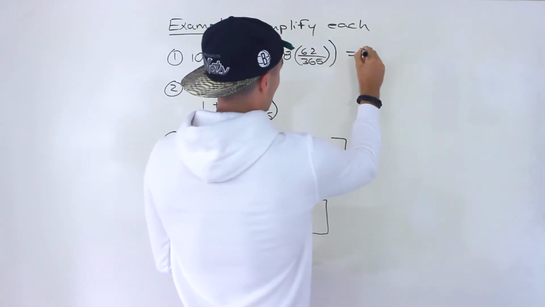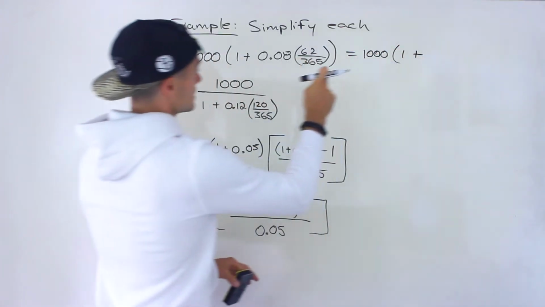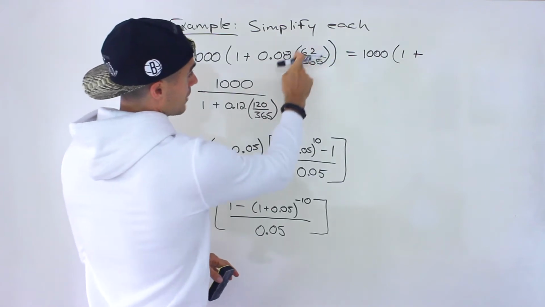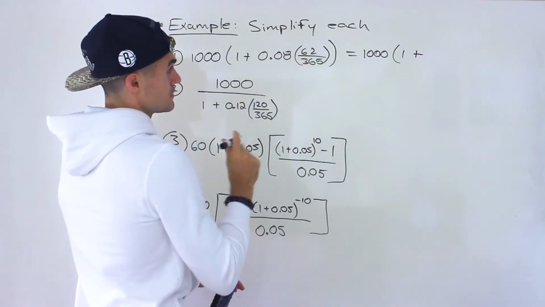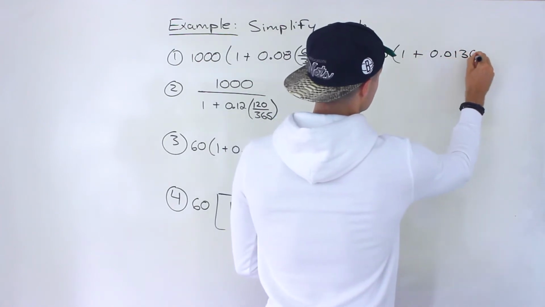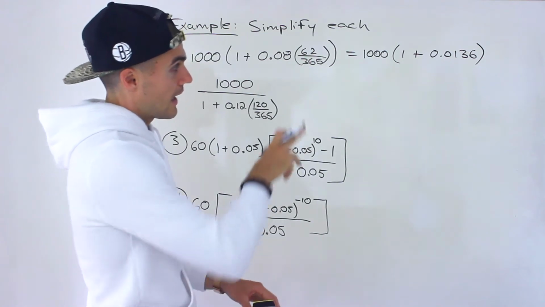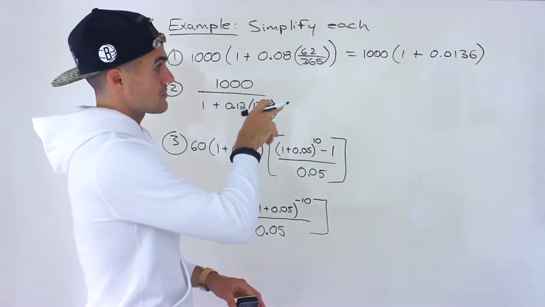So we would have 1,000, 1 plus, now if you take 0.08 multiplied by this fraction, 62 over 365, you would end up with 0.0136 if you round it to 4 decimal places. And then you could add those two expressions in the bracket.